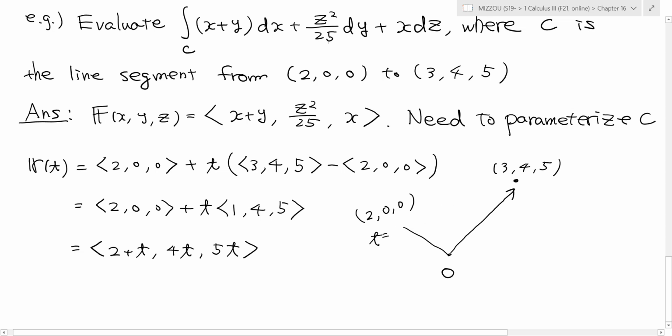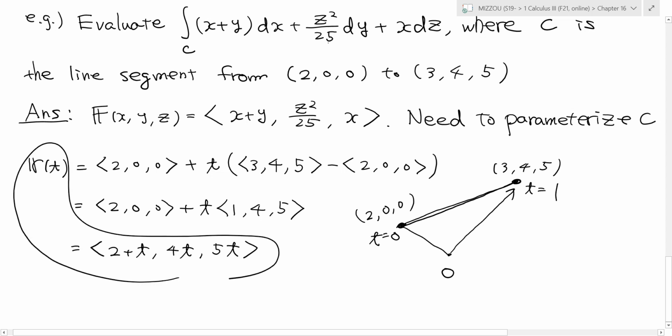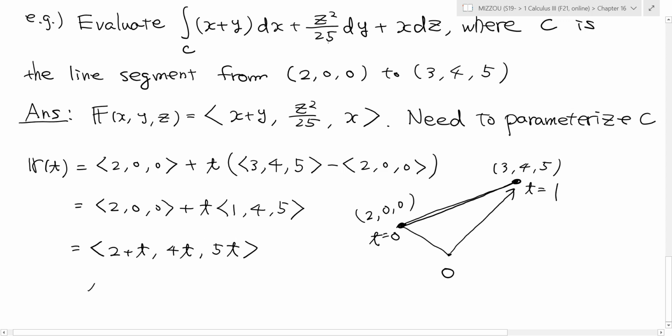Indeed, if you plug in t equal to 0, you get 2, 0, 0. And if t is equal to 1, you get 3, 4, 5. So this is a way to parameterize a line segment, and of course t is from 0 to 1.